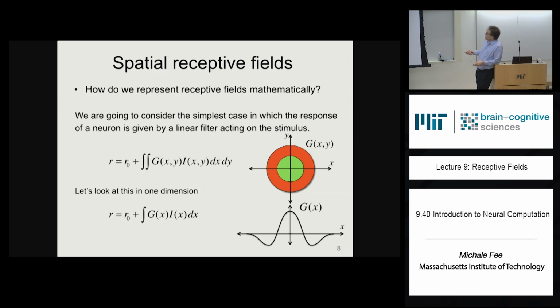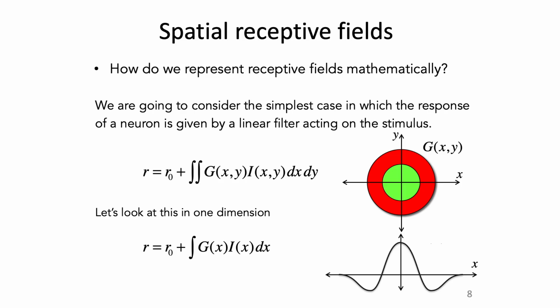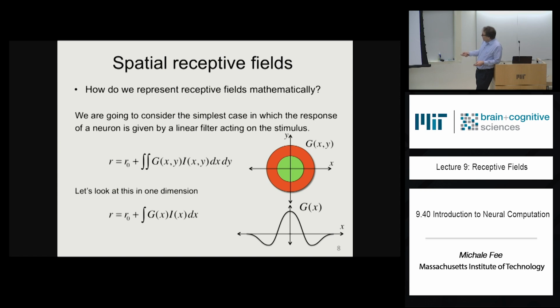Okay, so let's look at this in one dimension. Remember, this was a receptive field that has a positive central region and an inhibitory surround. If we take a slice through that and plot G as a function of x, you can see that there's a positive central lobe and inhibitory side lobes. That's a very common receptive field early in the visual system, in the retina and in the lateral geniculate nucleus.